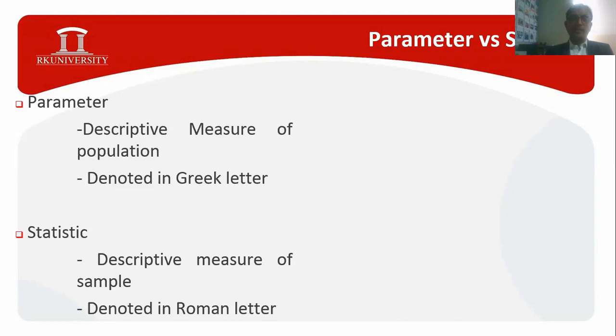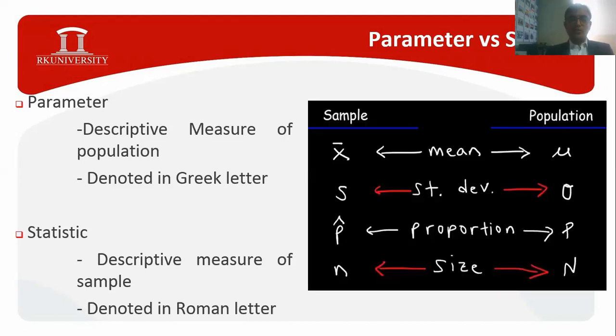But the basic difference is that when we say mu, it denotes the population parameter, and when we say x bar, it denotes the sample mean. This just gives you a better idea: mu means population mean, sigma means population standard deviation, capital P means population proportion, and capital N is the population size. These are all called population parameters.